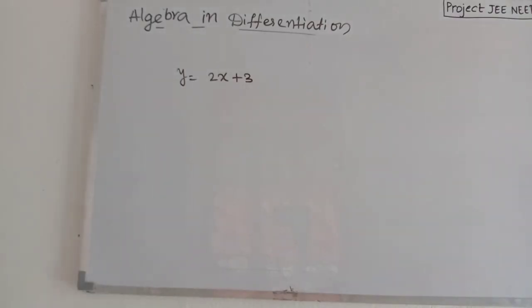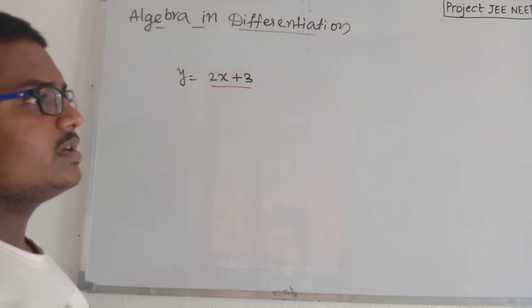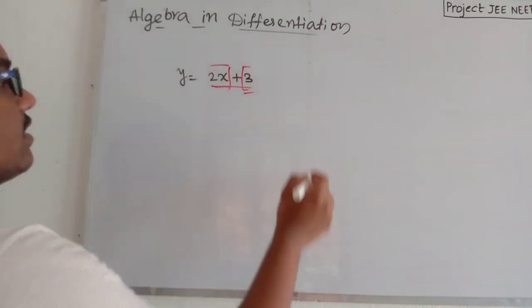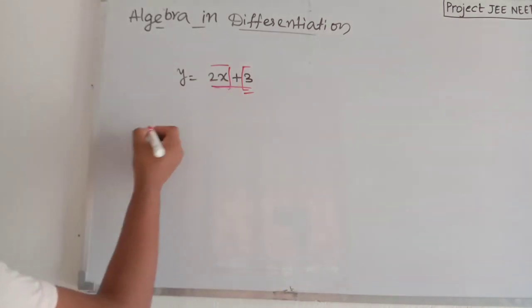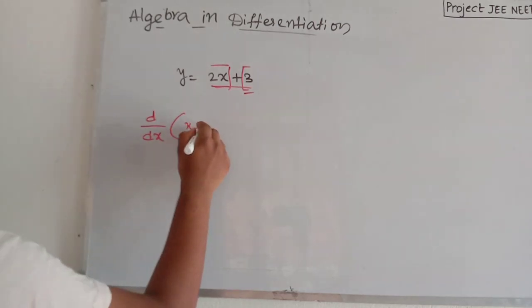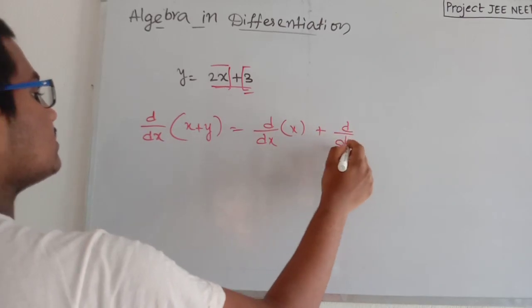Let's take another color. We have an example of y is equal to 2x plus 3 and you are asked to calculate the differentiation, the derivative of 2x plus 3. Until now we were talking about a single term, but now two terms have come, this one and this one. So in this situation we can use the concept of algebra in differentiation and solve it easily, which is d by dx of x plus y is equal to d by dx of x plus d by dx of y.